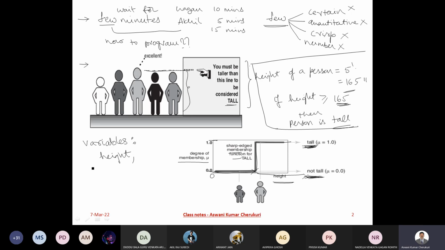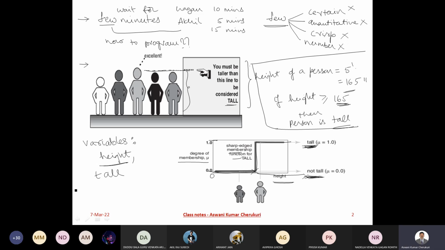Now I'm writing tall. Can tall assume any numerical value? Okay, don't give this type of answers. Tall is a variable? Generally, we write height is the variable, right?